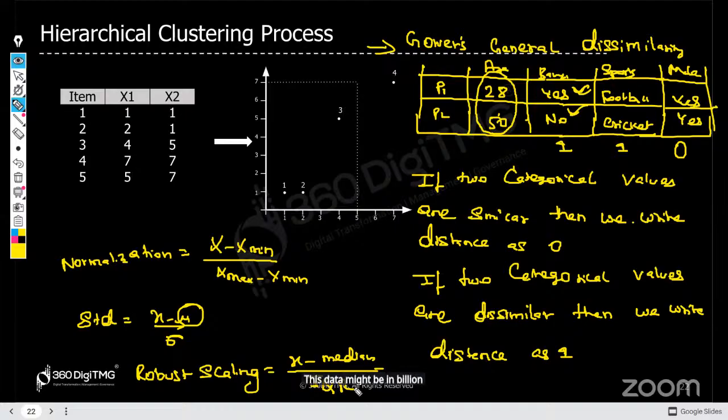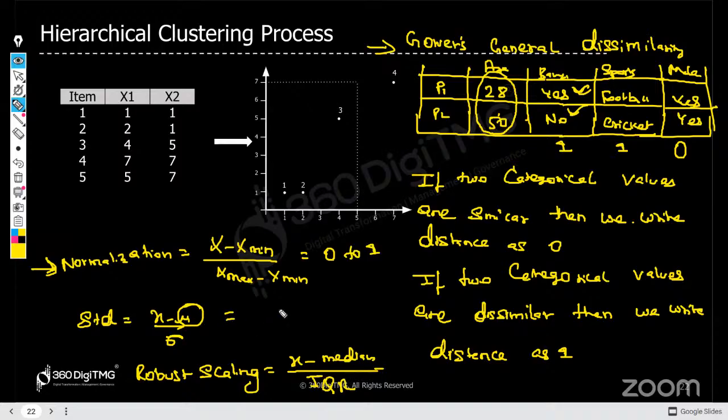If I want to scale down to 0 to 1, we will use normalization. Normalization helps us in converting the data in such a way that the data will come under this range 0 to 1.